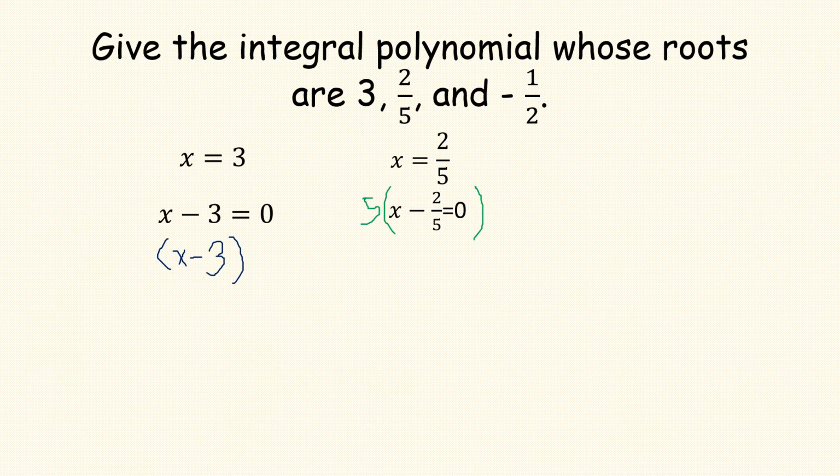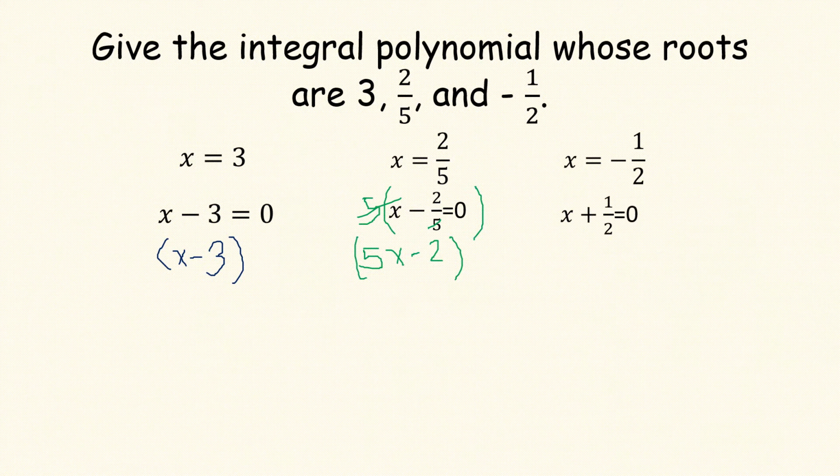Or gagawin natin siya as a factor. So, we have 5 times x will give us 5x. Then, 5 times negative 2/5. Cancel na lang yung 5. Then, ang naiwan ay negative 2. Then, is equal to 0 or ganyan na lang siya kasi nga gawin natin siyang factor and isosolve din natin siya mamaya.